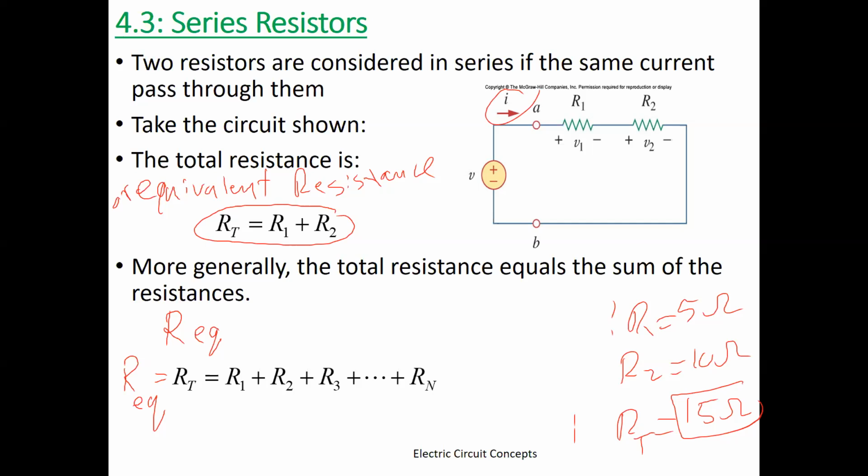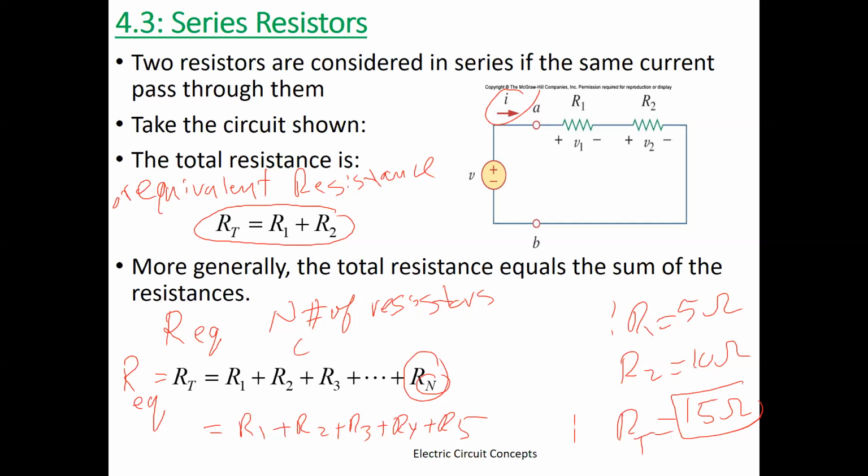In general, the total resistance equals the sum of the resistances. If n is the number of resistors, say n is 5, it will be R1 plus R2 plus R3 plus R4 plus R5. So n is the number of resistors connected in series.